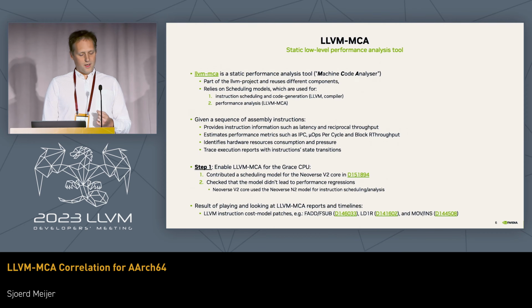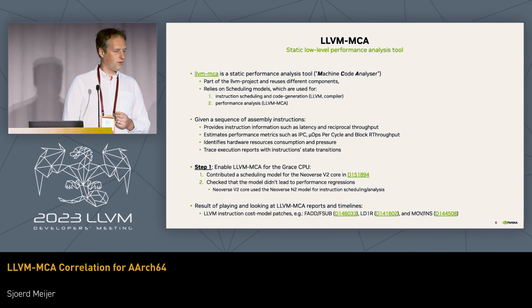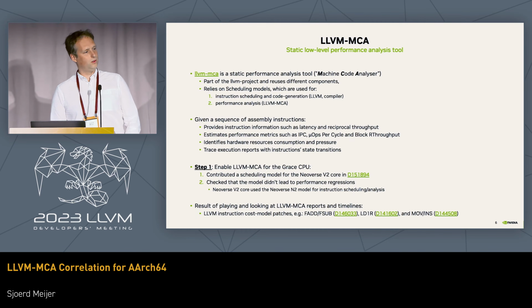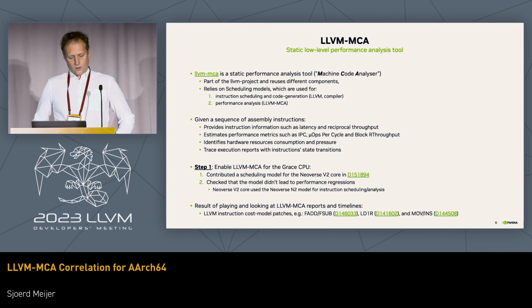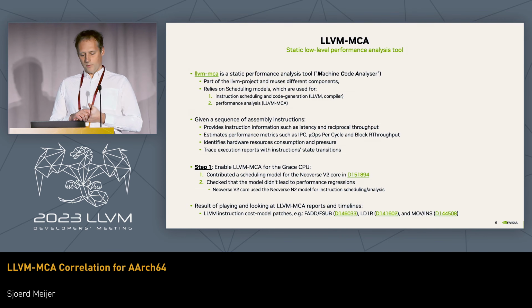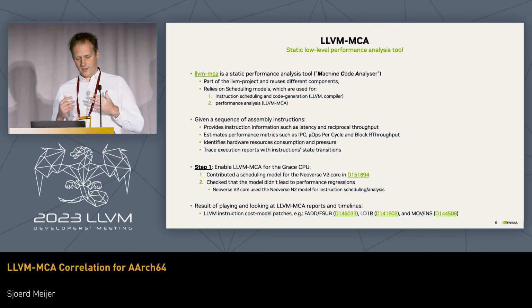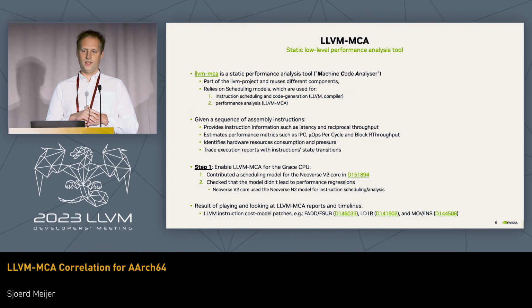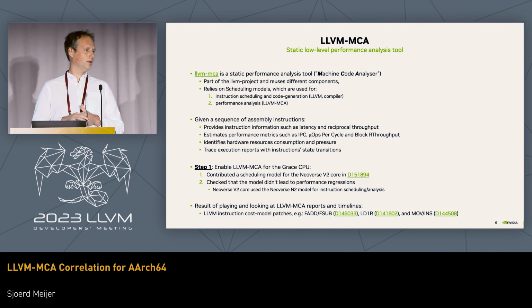So what we did is enable LLVM-MCA for our new Grace CPU. And what that meant is we had to write a scheduling model. So that's what we did. We wrote a new Neoverse V2 scheduling model. Before, it was using the Neoverse N2 model. So with the scheduling model, we now had the tool available. But since scheduling models are also used for code generation, we verified that we did not accidentally regress performance of a number of workloads.